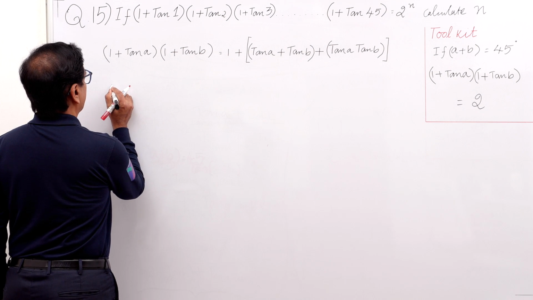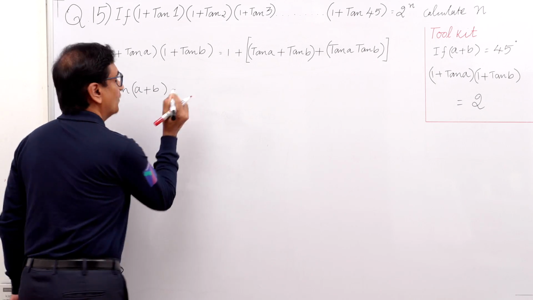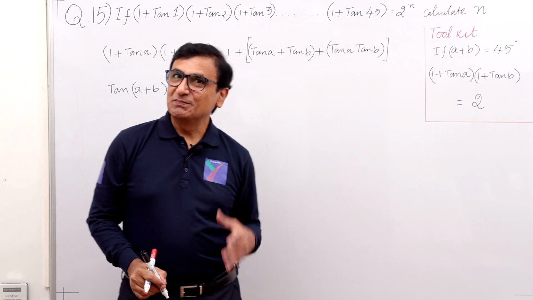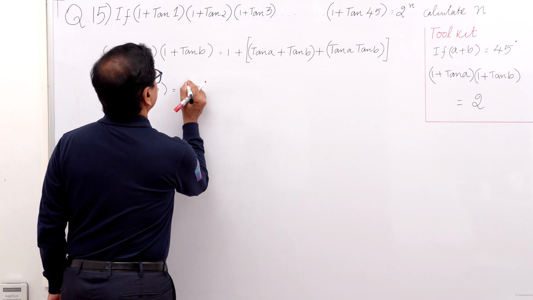Let's start from the tan(a + b) formula. What is tan(a + b)? Tan(a + b) equals (tan a + tan b) divided by (1 - tan a tan b).